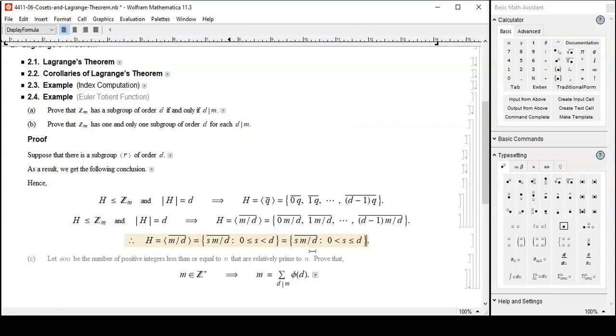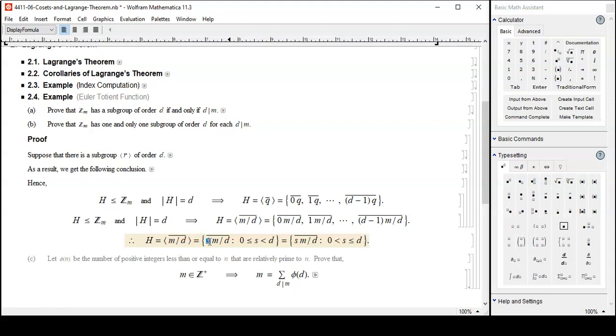not everything here, not all fractions here qualify as the generator. In the worst case, when s is 0, then we have 0 bar. That doesn't generate anything other than just itself, the identity. For which s value does this fraction generate everything in this cyclic subgroup of order d?